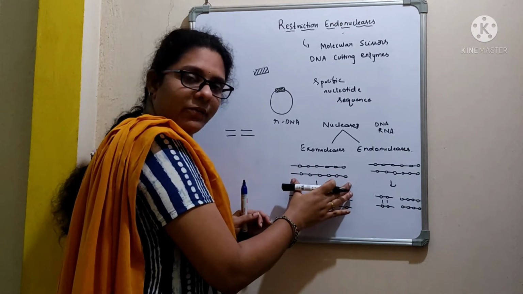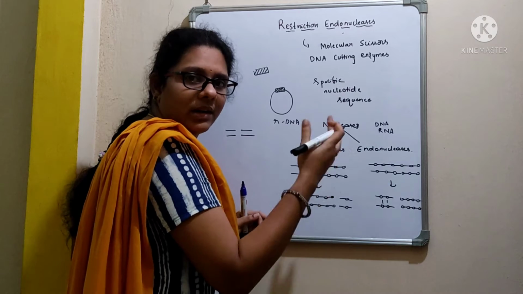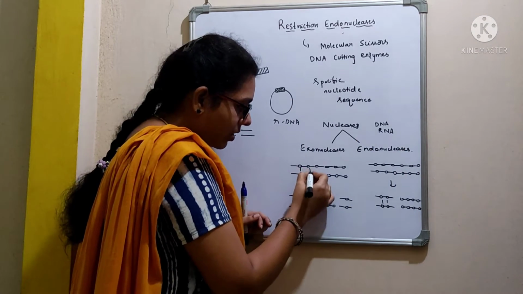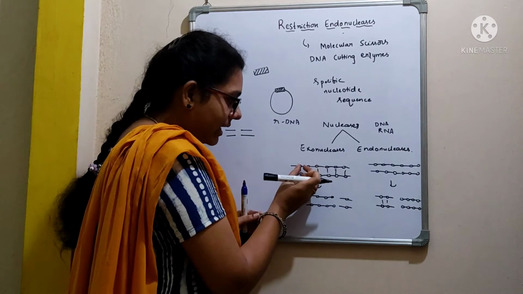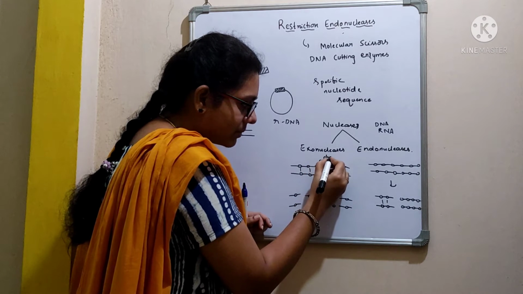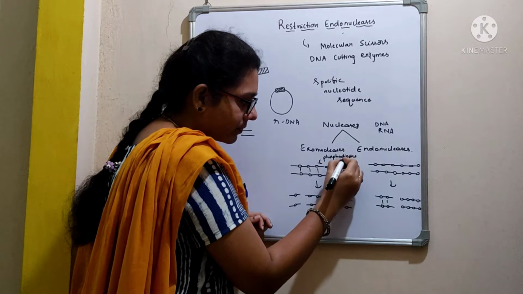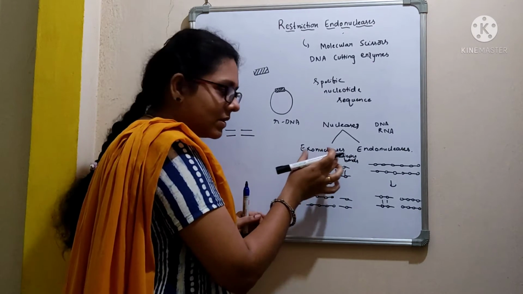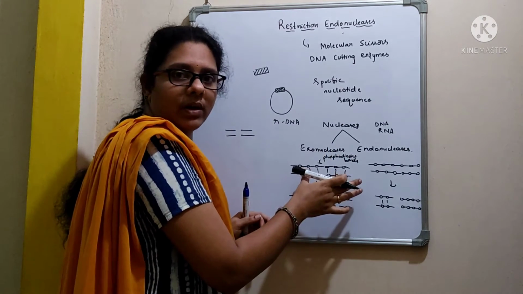Observe the diagram carefully here. See, these are the nucleotides, right? Adenine, guanine, cytosine, thymine. So these are joined together by hydrogen bonds, and each nucleotide is linked together by a phosphodiester bond. And these nucleases are going to cut the phosphodiester bond, right?